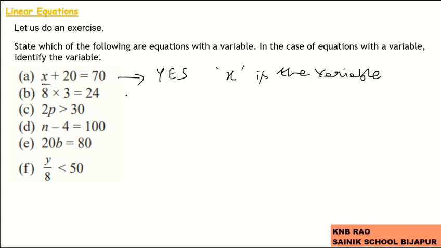Next, this one, no. Why no? No variable at all. This one, no, because it is not an equal sign, it is greater than. This one, yes. And which is the variable? N is the variable.